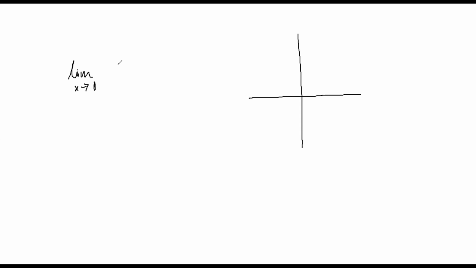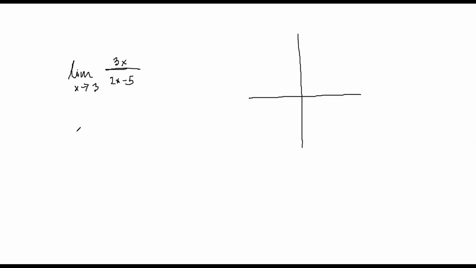Let's think about something along the lines of: x is going to 3, and this is going to be 2x minus 5, and this is going to be 3x. That's fine. The point is that x is approaching 3.